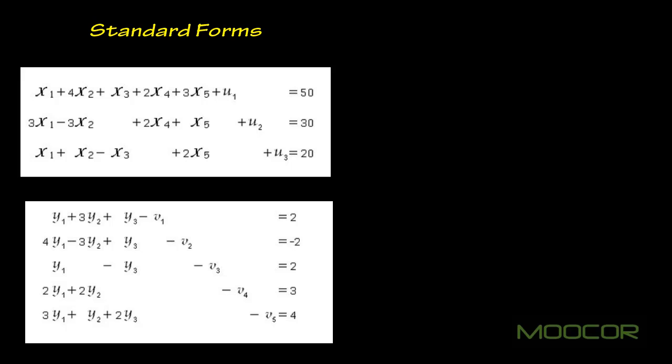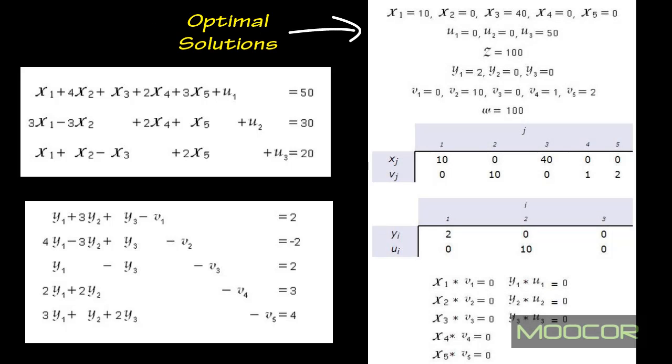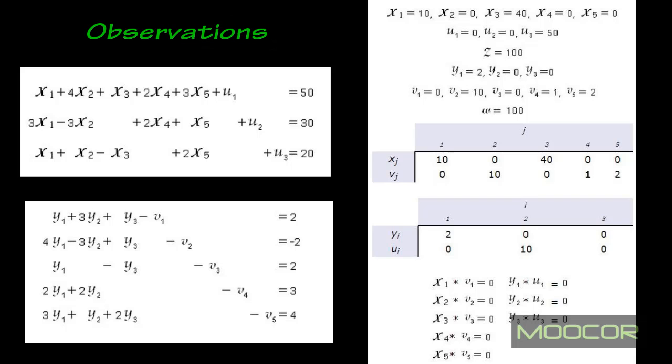Now, if we look at the optimal solution for both x's and y's and z and w, we will notice some very important characteristics in there. For example, if I multiply the optimal solution of xj's by the optimal values for the vj's, I would notice that they will be 0.